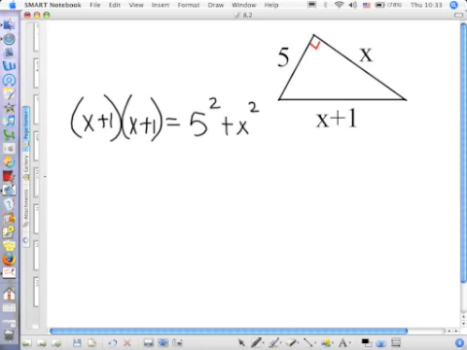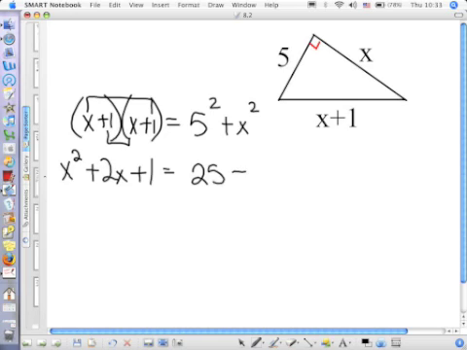All right, well, I got to put this all together, which requires me to do FOIL. First times first is x squared. Outer and inner gives me 2x. Last times last gives me plus 1. 25 and x squared. Well, if I have x squared on both sides, when I subtract this one from this one, what happens?